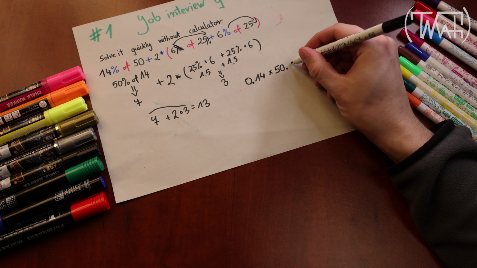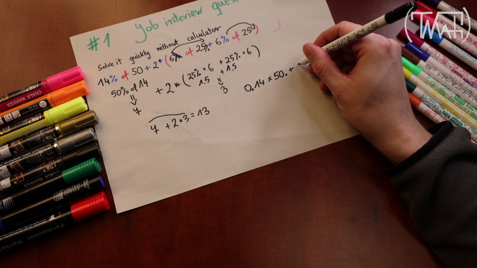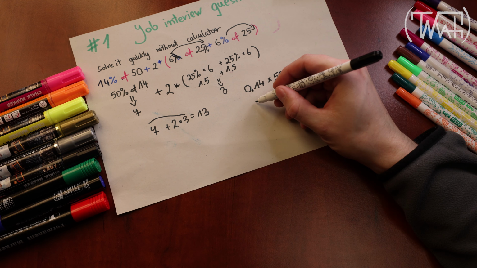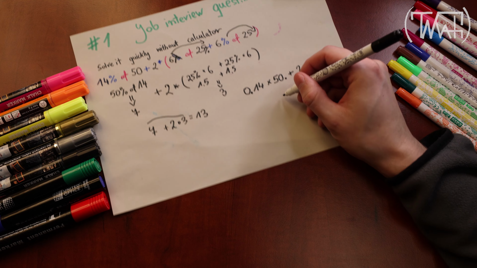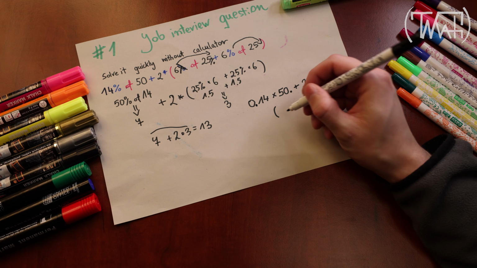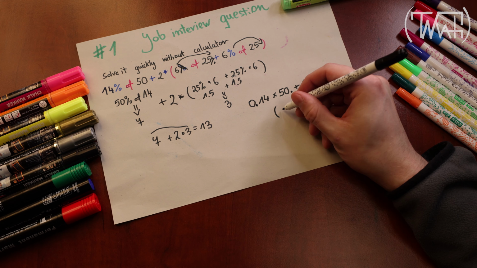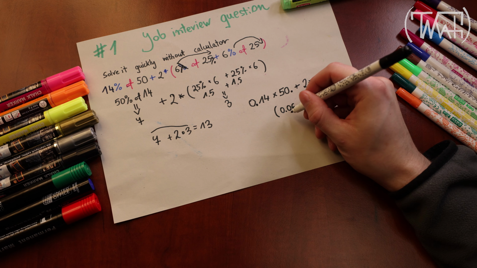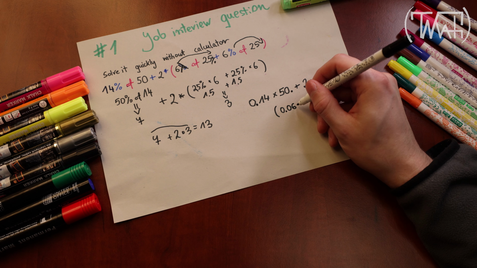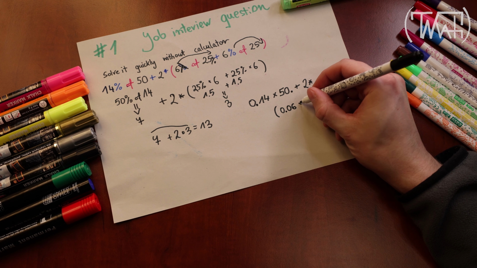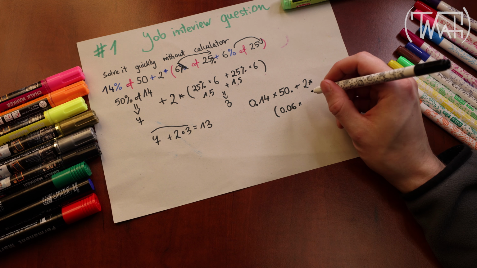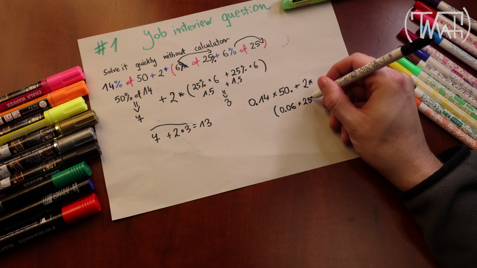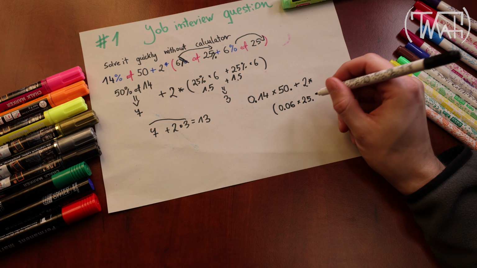And now you have plus 2 multiplication, and in the brackets you will have 6%, right? So 6% is nothing less than 0.06 multiplied by 25. So 25 is a 25 dot.